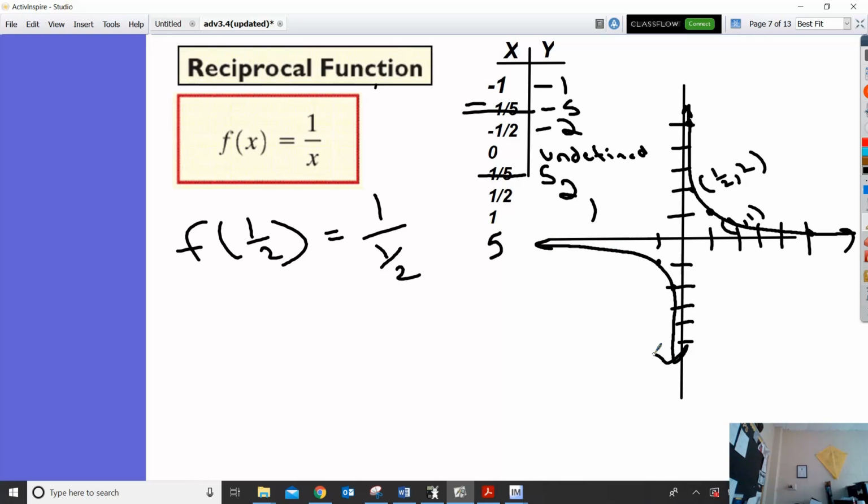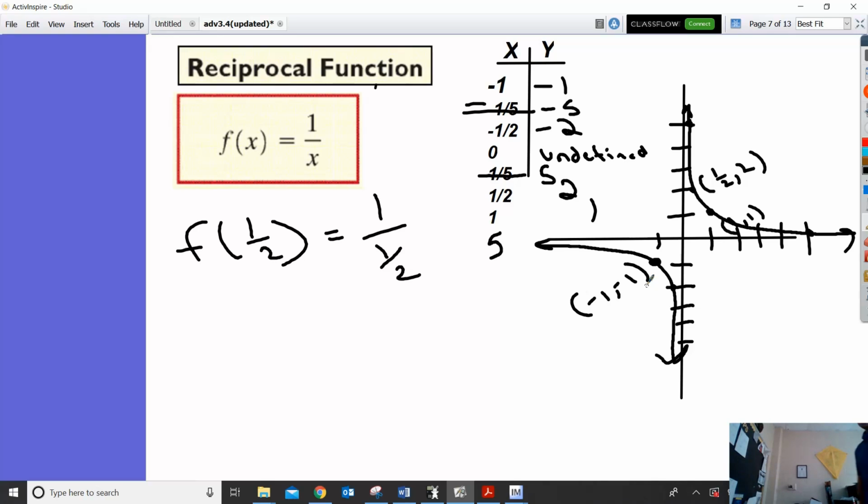The only key points that any math book will ever talk about plotting when you draw this thing are 1, 1 and -1, -1. The student is expected to remember the shape of the remainder of the graph.